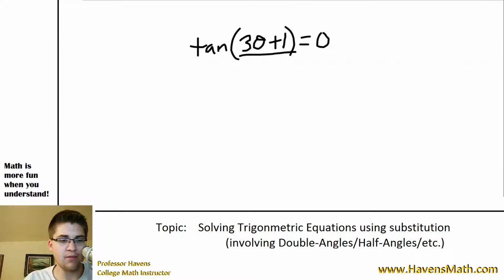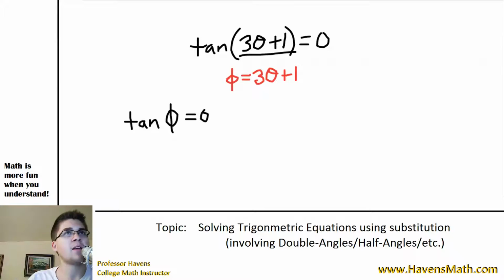Again, you can use whatever letter you want, but I'm using phi because that's how I do it. Some other books might use a or u or x, but we'll call phi 3 theta plus 1. And so my new equation, after I make that substitution, will be tangent of phi is equal to 0. We solve this like a normal trig equation.